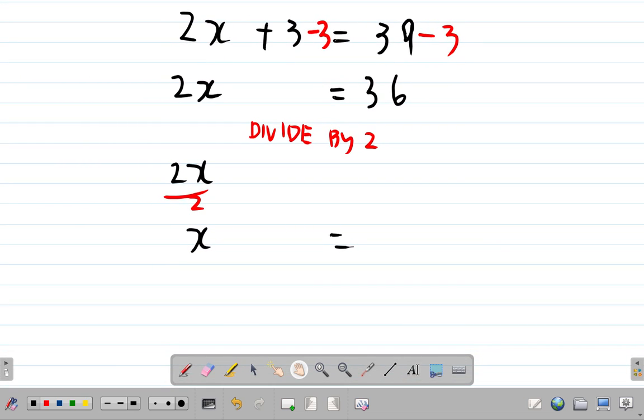And then here now, if you divide by 2, what you're going to have is 36 divided by 2. So 36 over 2 is 18. So x is 18. So you see that?